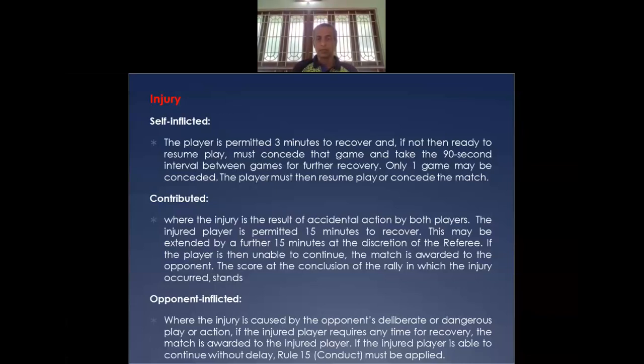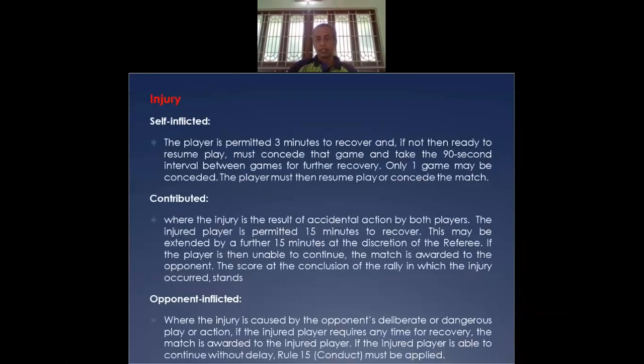Then it is opponent inflicted. For this, the time depends upon the gravity of the injury. If it is really serious and the opponent is not able to recover and come back to play, the player might lose the match.